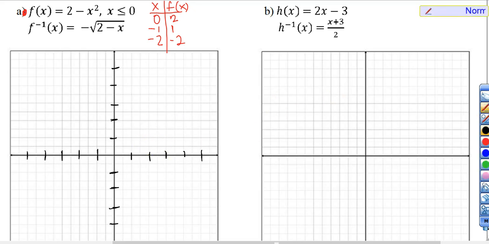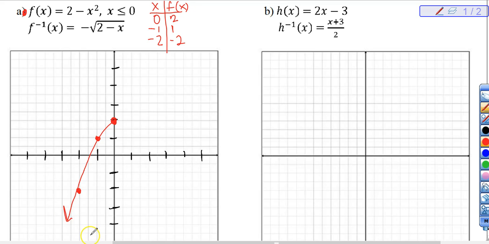Okay. All right. So I'm going to graph those 3 points of my parabola. 0, 2, negative 1, 1, negative 2, negative 2. And I'm going to connect them with a curve. And I know I'm going to continue going left, and I'm going to continue going down.